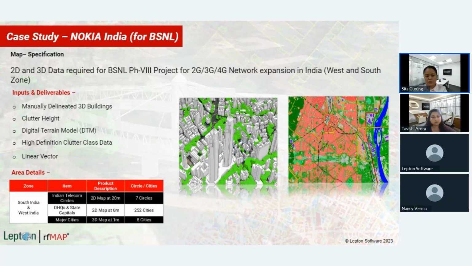With Nokia, we supplied 2D, 3D, and medium resolution 2D maps for the West and South zones. All the data layers for the 3D map and all the data layers for the 2D map were supplied. The table here is for the various data sets that we supplied for this particular project.